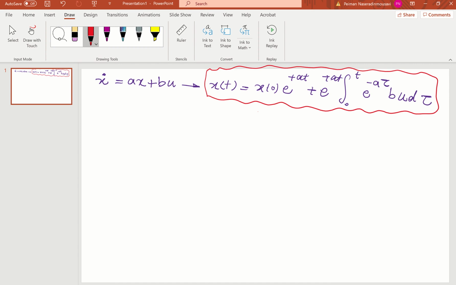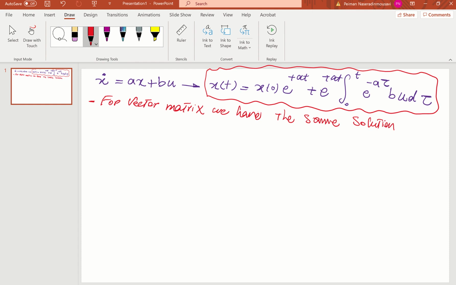So now the situation is, what happens for the vector matrix case? We have the same solution.